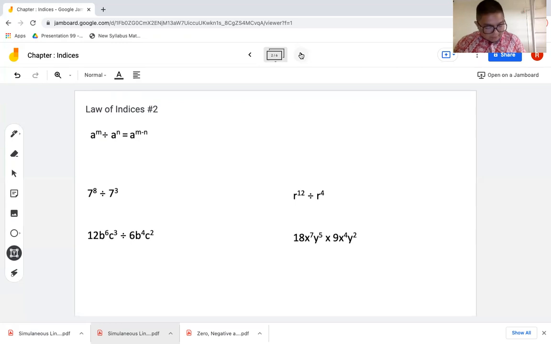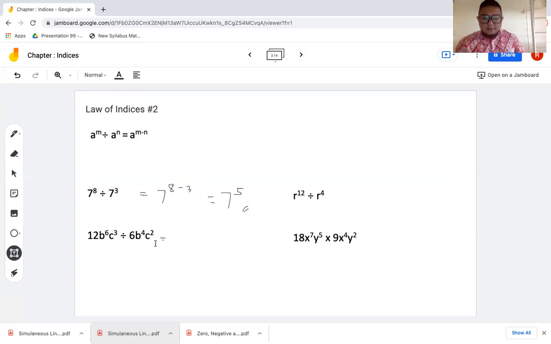So let's say, for example, I'm going to answer this one. This is going to be 7 raised to 8 minus 3, which gives us a final answer of 7 raised to 5. The same thing is what you are going to apply when you encounter this particular problem with multiple variables and numerical coefficients.